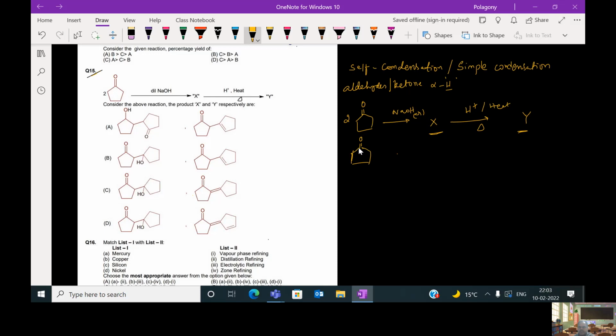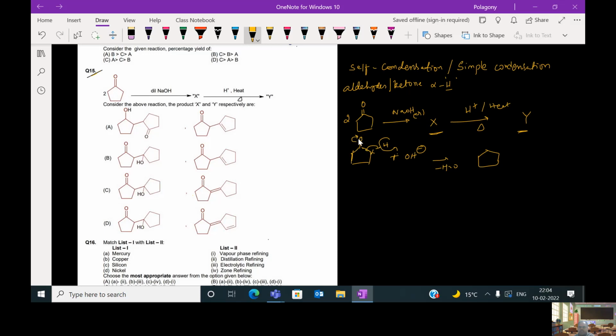Alpha hydrogen is present here. When this ketone is treated with the nucleophile, the nucleophile attacks this alpha hydrogen and water is produced, and the sigma bond converts into a pi bond.